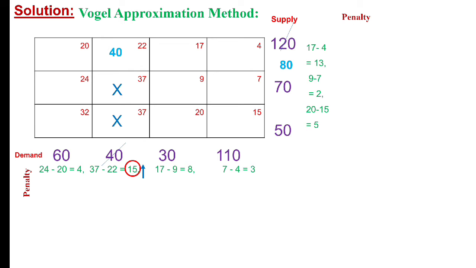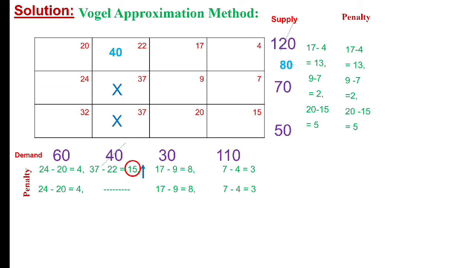Look here: first column, 20 and 24, the difference is 4. The second column is already filled, so there is no need to consider it. Third column, 17 minus 9 is 8. Fourth column, 7 minus 4 is 3. Now in this, which is the maximum? Row wise 13, 2, 5, column wise 4, 8, 3. In that, 13 is the maximum.